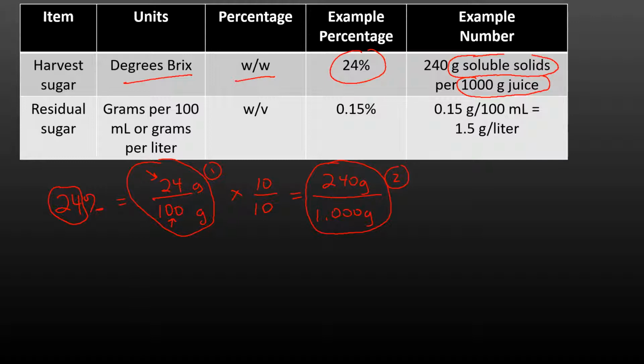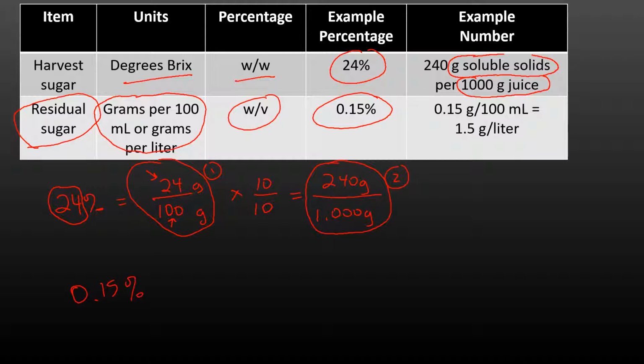Residual sugar, we express that in grams per 100 mils or grams per liter, just like titratable acidity. It's a weight to volume measure like titratable acidity. Here's an example, 0.15% residual sugar. And residual sugar is the little bit of sugar left in the wine after the yeast have finished fermenting.